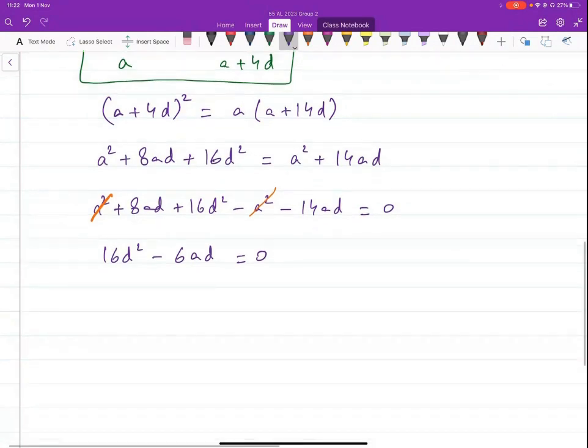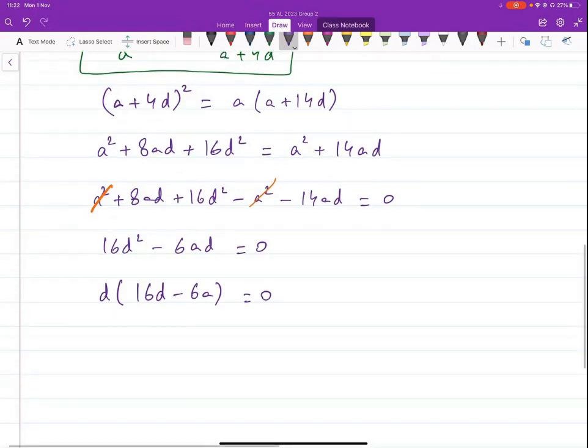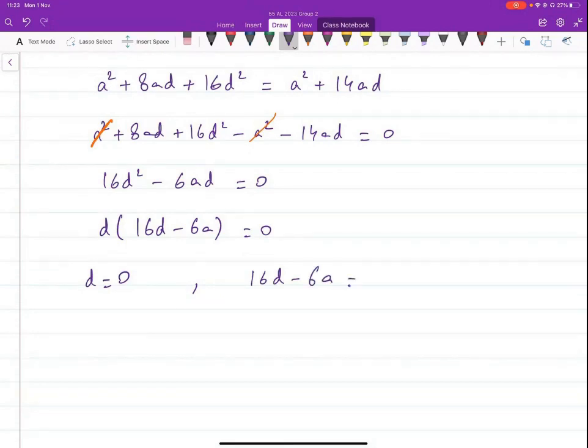Okay? We take D common. That gives us D times 16D minus 6A equals 0. And from that we get either D equals 0 or 16D minus 6A equals 0. These are the two possibilities that we have. We have two expressions being multiplied and the product is equal to 0.